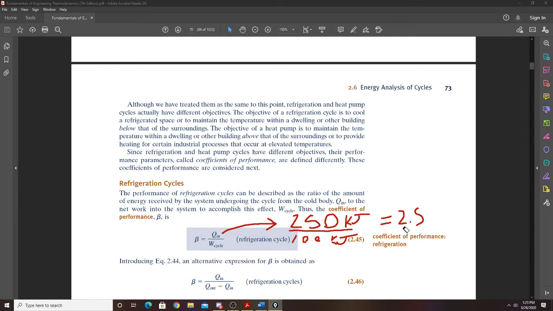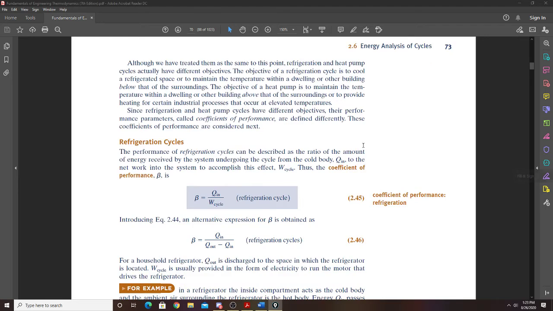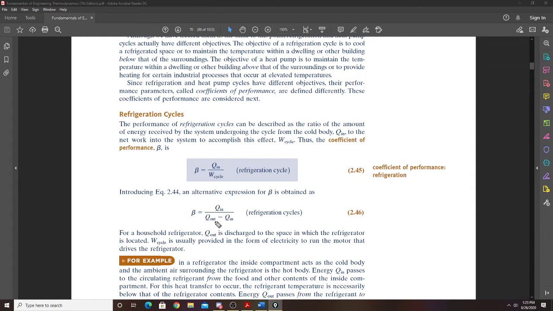It's really bad. So generally speaking, most refrigeration cycles lie between a coefficient of performance of 2 and 4. And once again, that equation can be rewritten as the following if you replace Q of the cycle with this right here. So another little transformation.